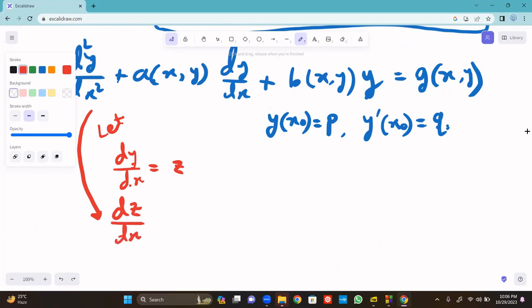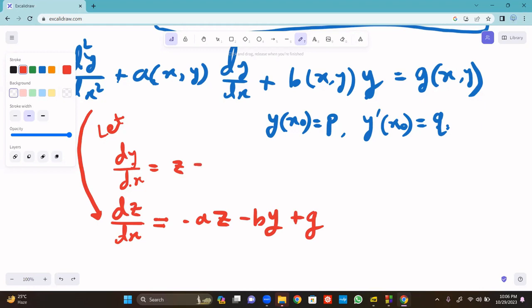And we can replace the other things as well. But before that, I want to make dz by dx the subject. So let's write equal to here and transfer everything to the right. So we will have minus a, let's not write x comma y every time, minus a dy by dx is simply z. Minus b, we have y here. And from the beginning, we had g on the right-hand side.